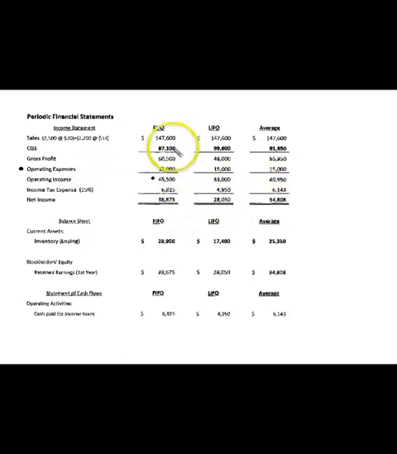So if we were just comparing FIFO, LIFO, and weighted average in a period of inflation, and again, in this particular homework problem, prices are going up, we would actually like FIFO. By the way, this is all cosmetic, isn't it? It's artificial profits.